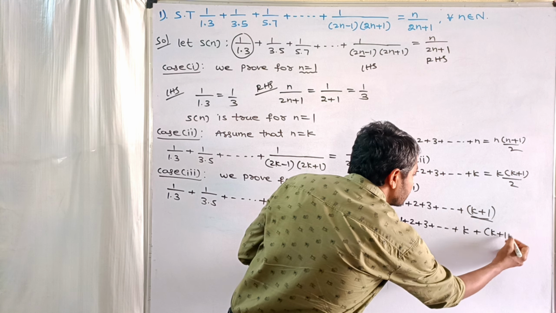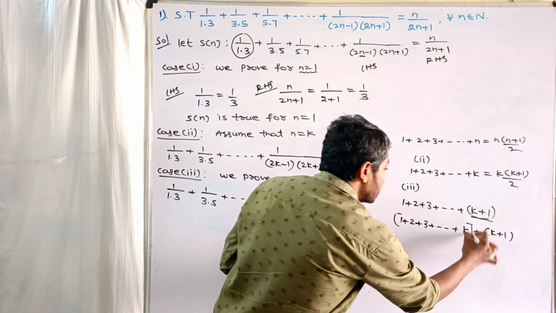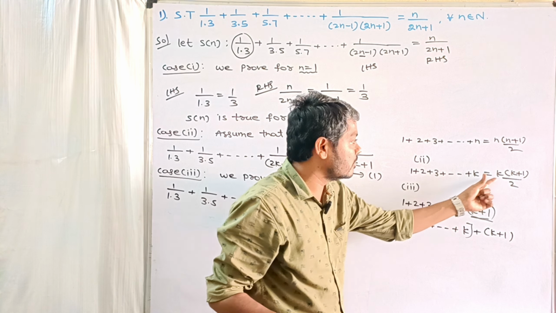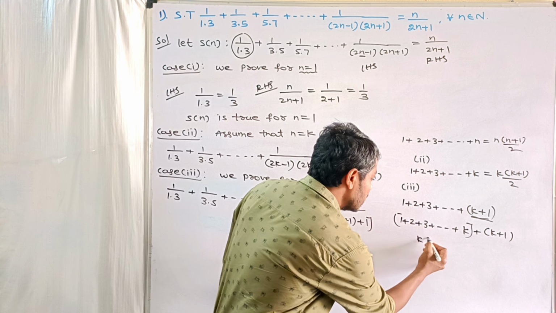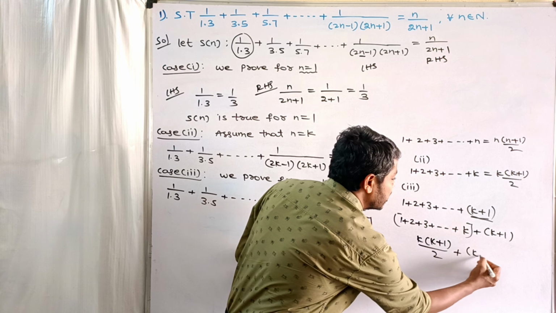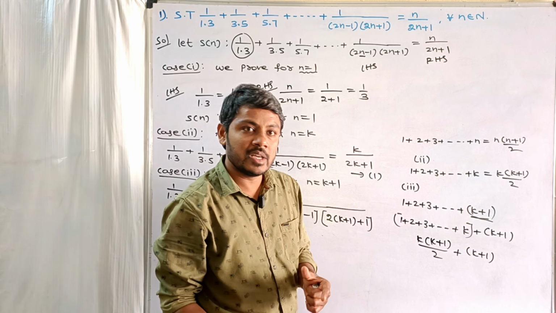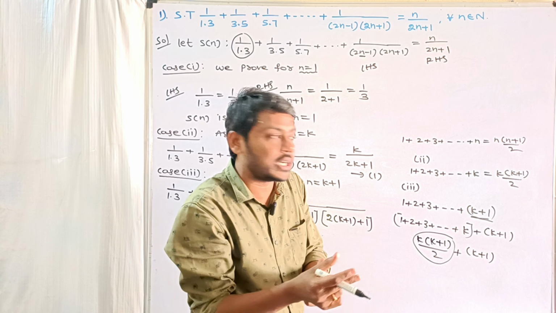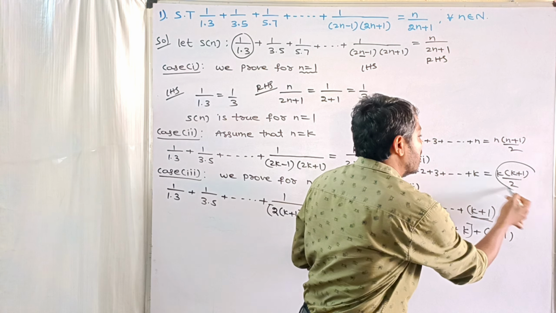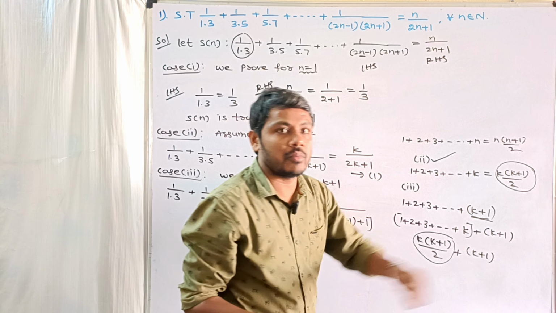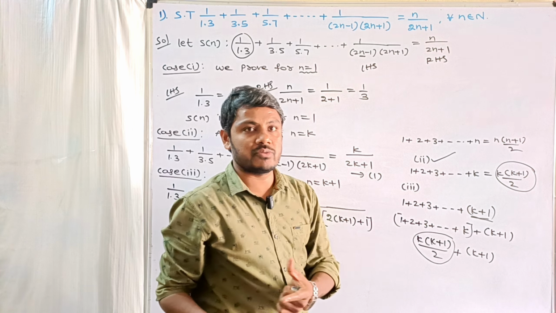Plus k plus 1. Clearly we have already the sum of the first k terms value, k into k plus 1 by 2, plus the last term, k plus 1. Clearly k into k plus 1 by 2 is the RHS of case 2 plus the last term, that is k plus 1.